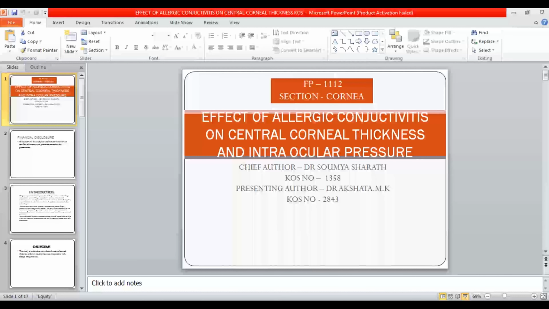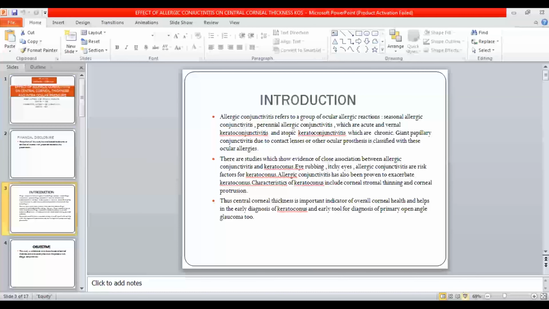Hello? Slides are not moving. Your turn. Sir, now is it visible, sir? The objective of my study? Hello. No, Soumya, it's not moving. You put on slide share.